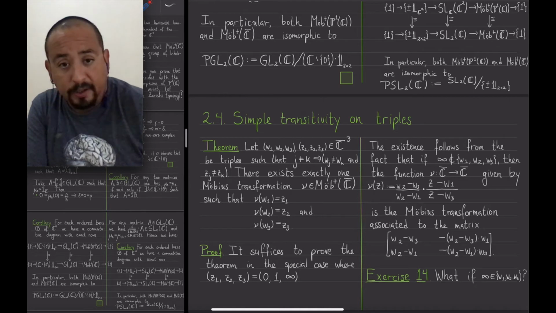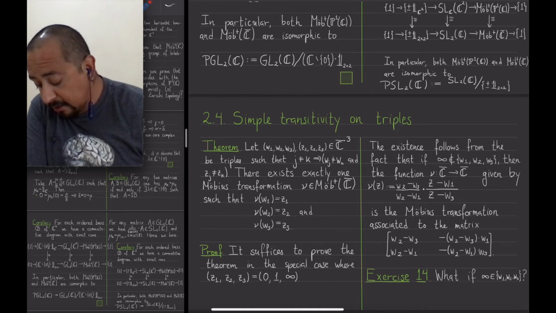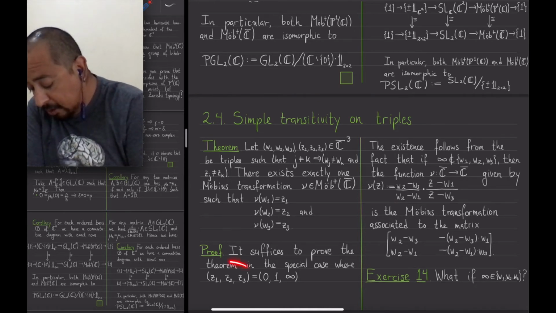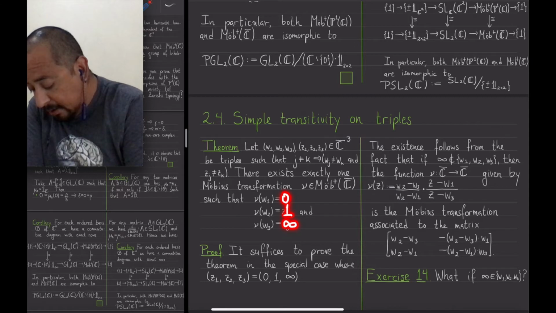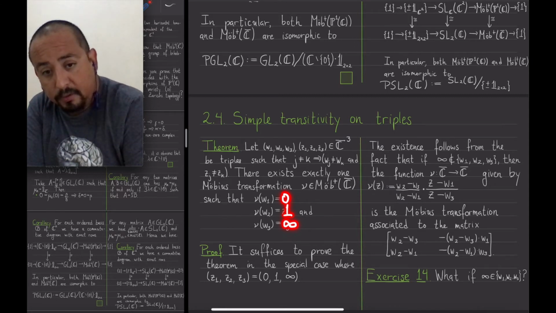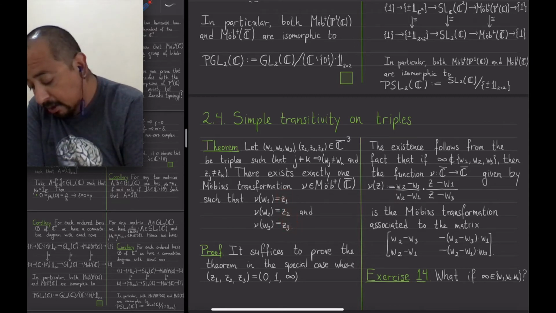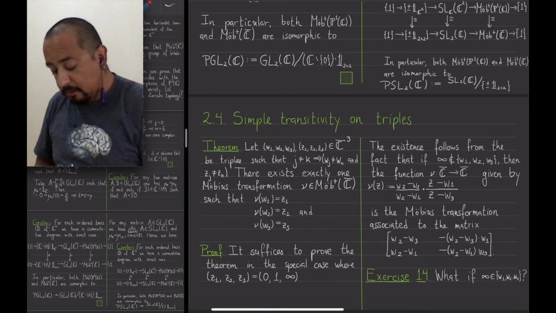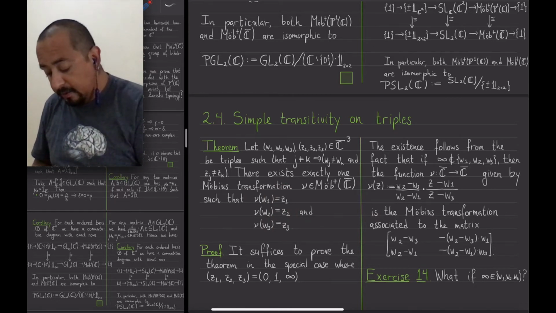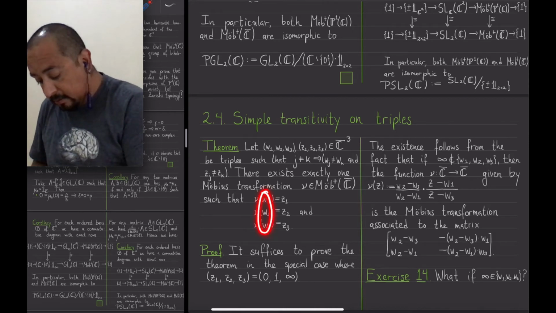That's for existence. And for uniqueness, once we know uniqueness in this special case, then we have uniqueness in general, because otherwise, if there were 2 Möbius transformations with the desired behavior, you could compose one with the inverse of the other, and then you would have 2 Möbius transformations that send this to 0, 1, and infinity.